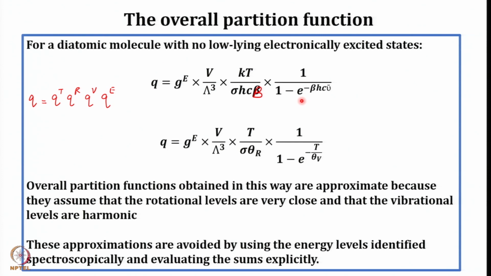Now, you will remember that whenever we derived these expressions, specifically rotational and vibrational, we brought in the concept of characteristic rotational temperature or characteristic vibrational temperature, because in deriving these relations we made some assumptions.